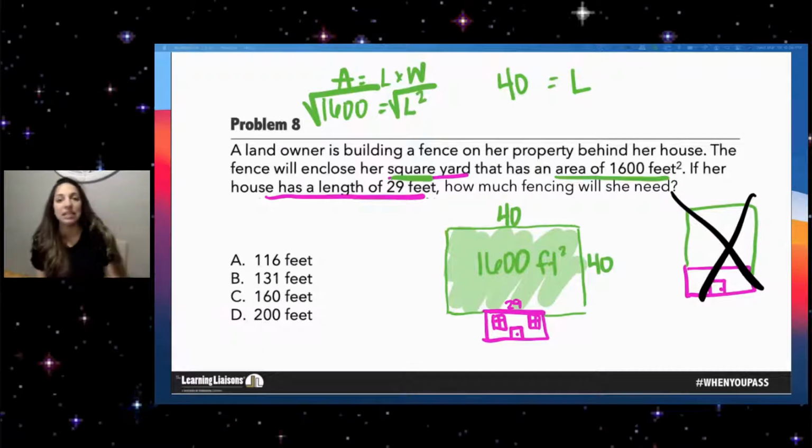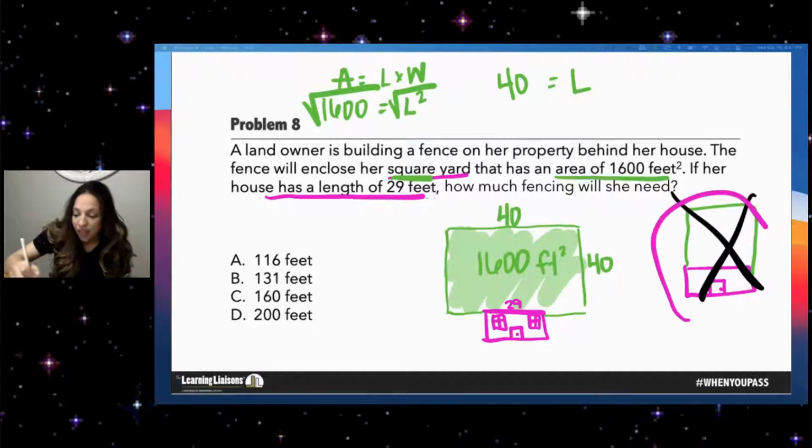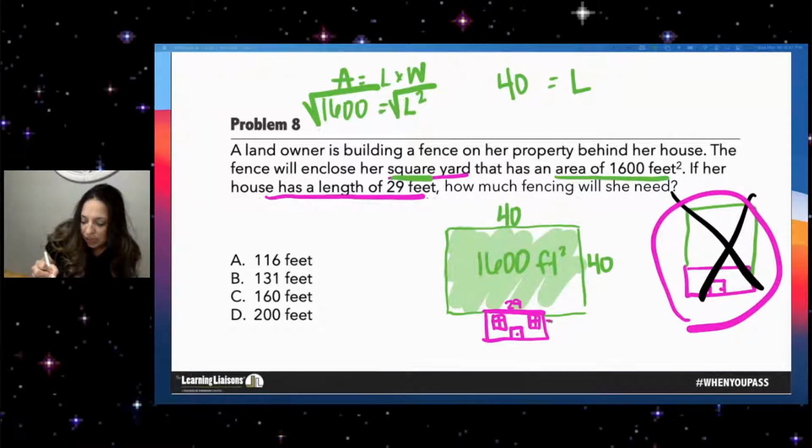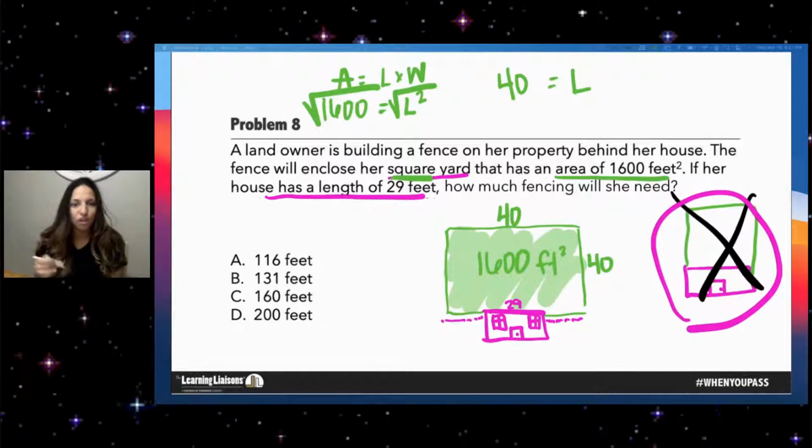Why is that significant? Because I'm not going to put a fence up against my house. I'm not going to pay for fencing to sit up against my house. But what that tells us is that this is not the answer. The fence is going to have to extend out from her house and then go up and around.